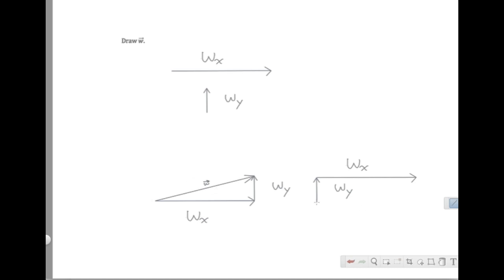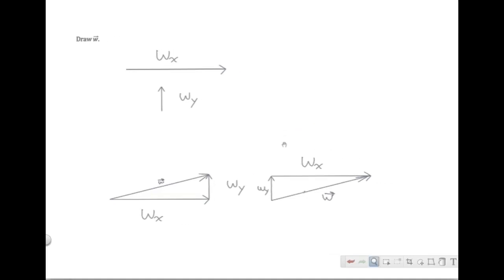And then the overall vector would start over here and end over here. It would point up and to the right again, because the components point up and to the right. So that would be the w vector, and this over here would be wy, and this would be wx. And I hope you can see that this vector is the same as this one, so that gives us two ways to get the same vector.